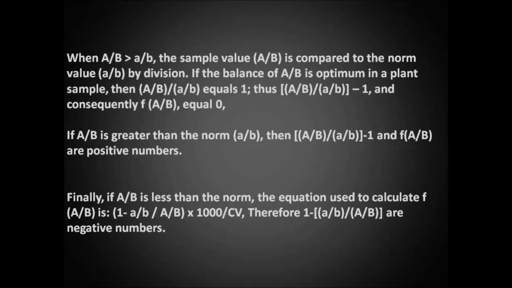If capital A by capital B, that means the nutrient ratio of the sample, is greater than the norm, the standard value small a by small b, then A by B over a by b minus 1 and the function A by B is a positive number. That means if the ratio of the sample is greater than the norm ratio, then the index becomes positive.